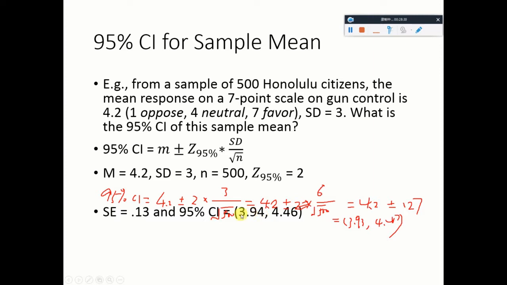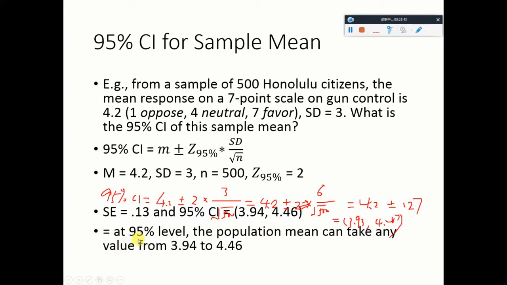So the 95% confidence interval for this point estimate of the sample mean is 3.94 to 4.46. That means at the 95% confidence level, the population mean can take any value from 3.94 to 4.47. We don't know the exact value because we don't study the population, but we have a fairly good guess.